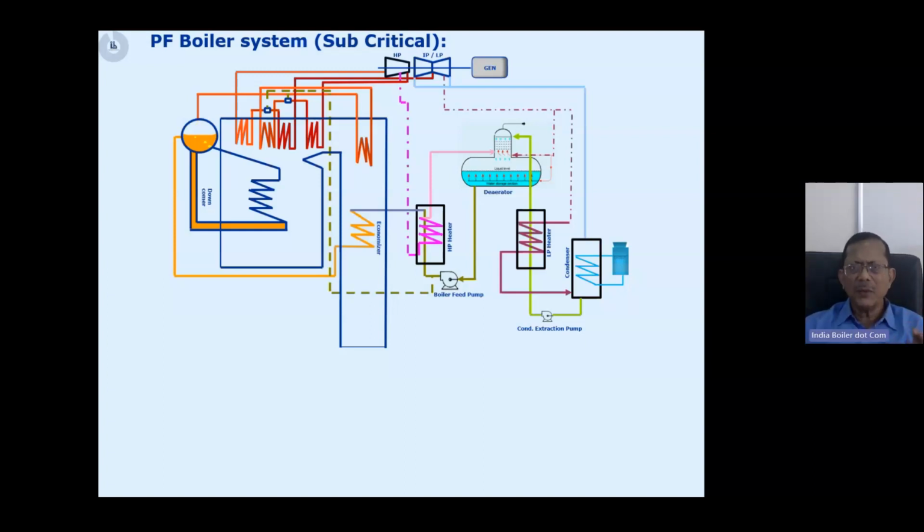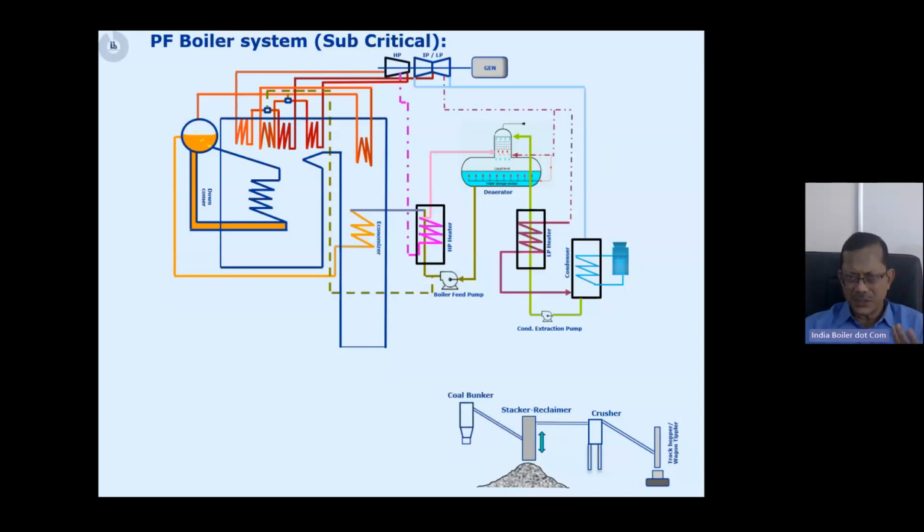Similarly, we will have various other systems. For example, we require the fuel system. In a pulverized coal-fired boiler, it usually starts where the coal is coming from the rakes, right? So there can be a track hopper or a wagon tippler, and from there it goes to the crushers, and after that there will be the stacker reclaimer, and from there it comes to the coal bunkers, the silos, right?